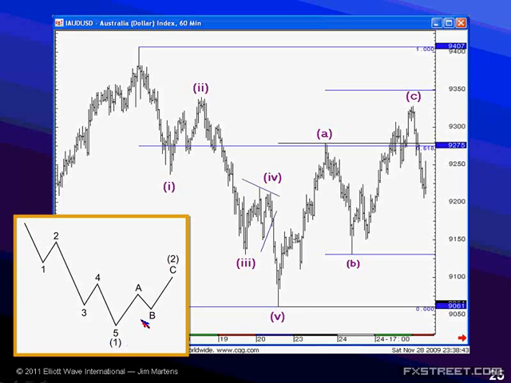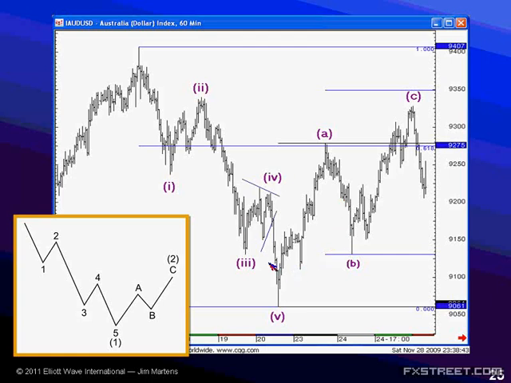Aussie dollar, or any market in this position, should decline either in wave 3 or in wave C. Both of them call for a move at least as long as the original 5 down if it's an A, and if it's a third wave, it's likely going to be longer, more towards a Fibonacci 1.618 times as long. But until Aussie were to move above 90.61, I would be bearish this market without question.